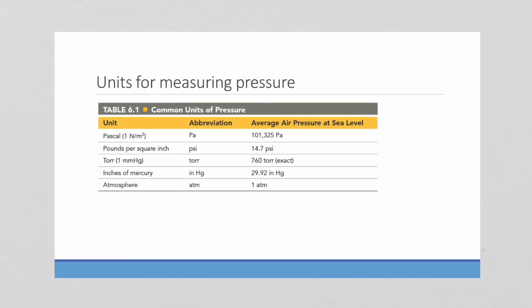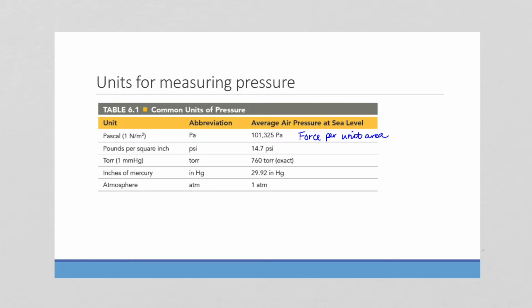There are a number of different units that you will see for pressure, and one of them is the Pascal, and that is a Newton per meter squared. So this is really saying that pressure is a force per unit area, because we have a Newton per meter squared. That's what a Pascal is.